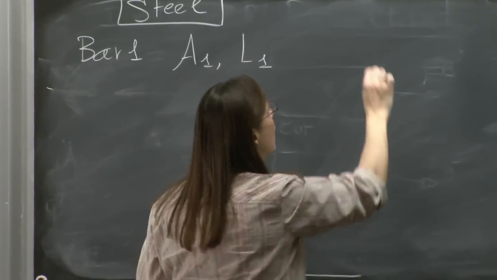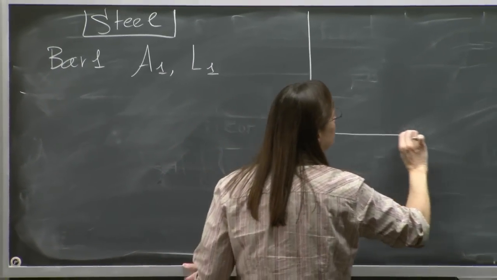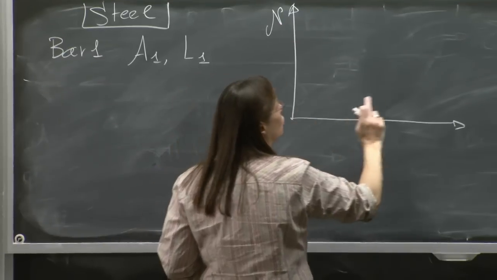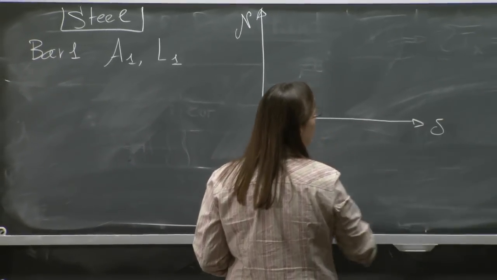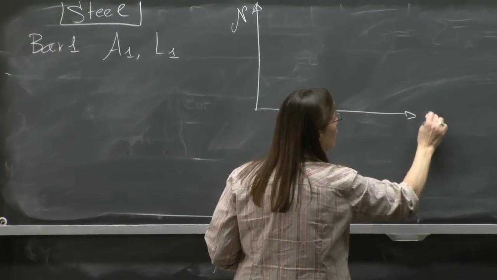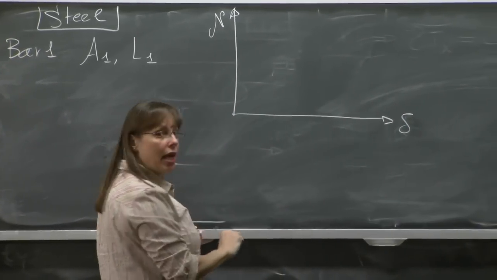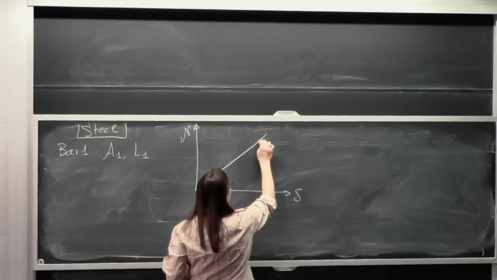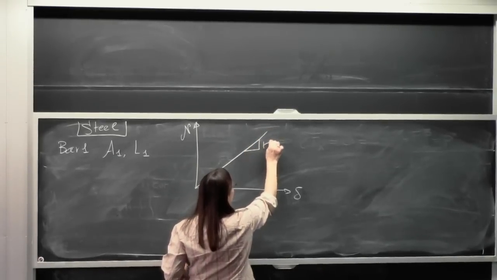I plot what axial force I need to get a certain elongation delta in bar 1. That's a very ugly delta. I get a slope like that, and this is my stiffness for bar 1.